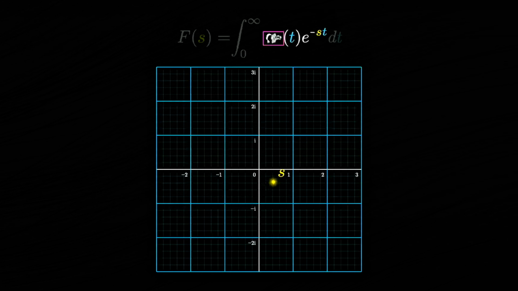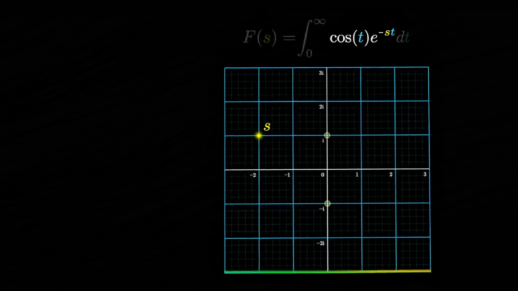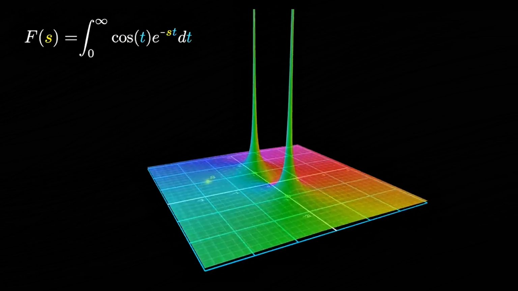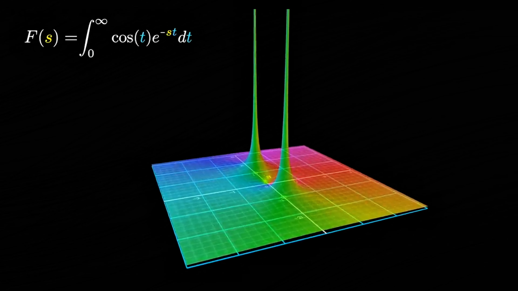For example, let's suppose our function is the cosine of t, which, as we discussed just a minute ago, we already know can be broken down as a sum of two exponentials, e to the it and e to the negative it. I've already previewed the idea that when you plot the final result, you should see these spikes over the key values of s, which in this example would mean poles above plus i and negative i.